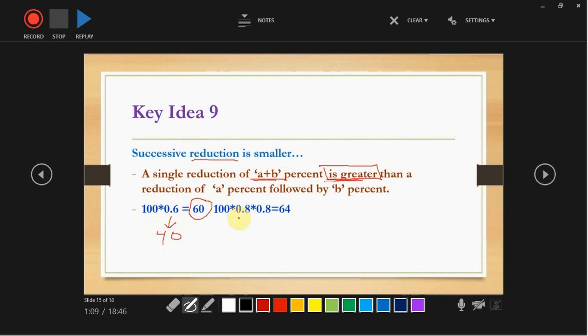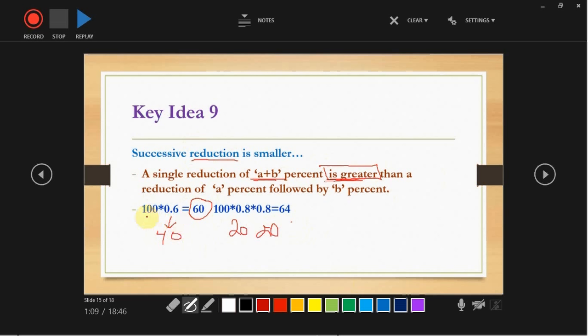Now we reduce 100 first by 20% and then again by 20%, and we get 64. So the single reduction reduces the amount by a larger number.